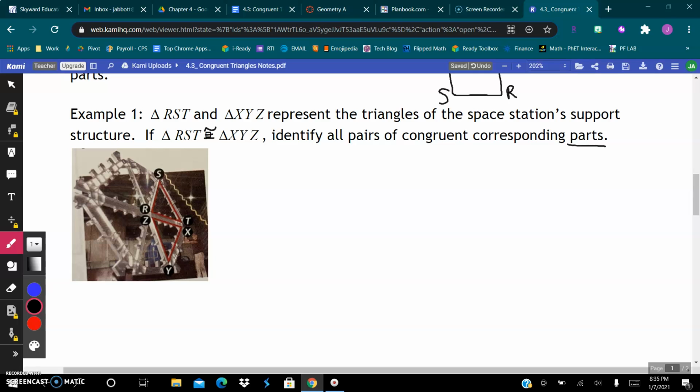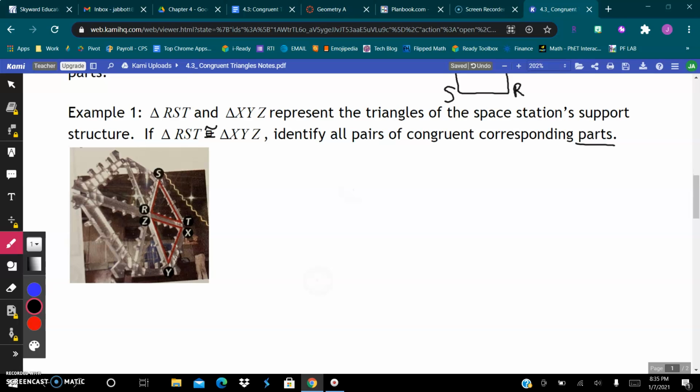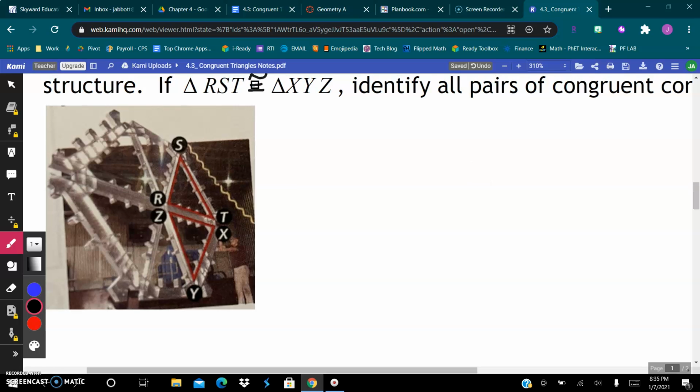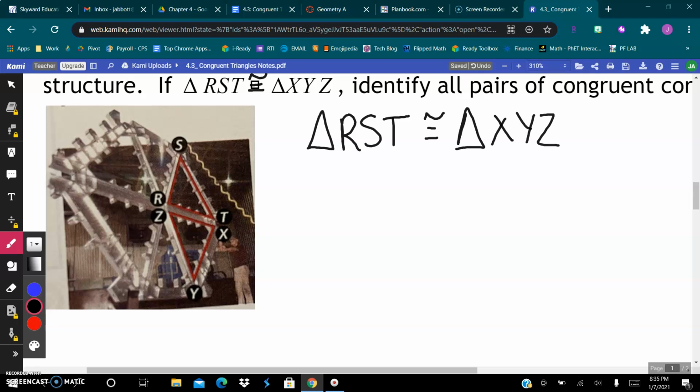So it didn't say angles, it didn't say sides, it said parts. So we have to do all of them. So what I'm going to do is look at this. I have triangle RST is congruent to triangle XYZ. That's what they gave us right here.